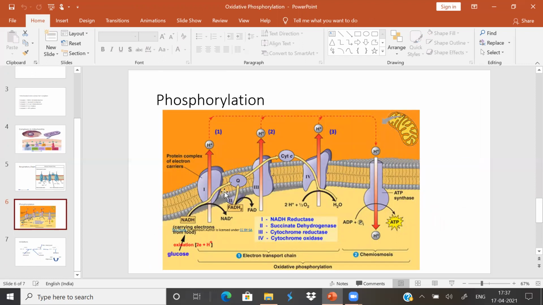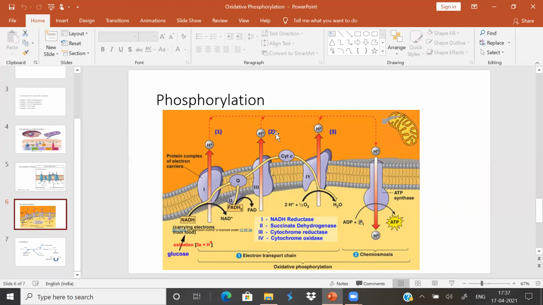After that, the phosphorylation. When the electrons are transferred through the respiratory chain, in parallel the protons are translocated from complex 1, complex 3, and complex 4 into the intermembrane space, that is in between the outer and inner mitochondrial membrane.